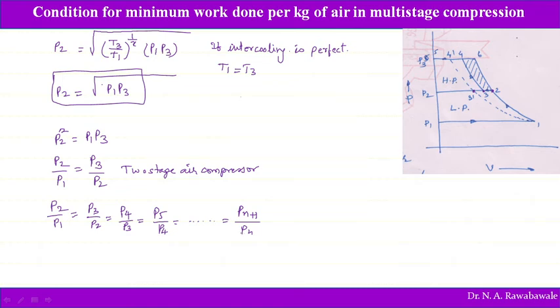So when the intercooling is perfect and all polytropic indices are same, then only it is possible to have this generalized equation. So this is a condition. We can call this as a third equation, and then we call this as a fourth equation.